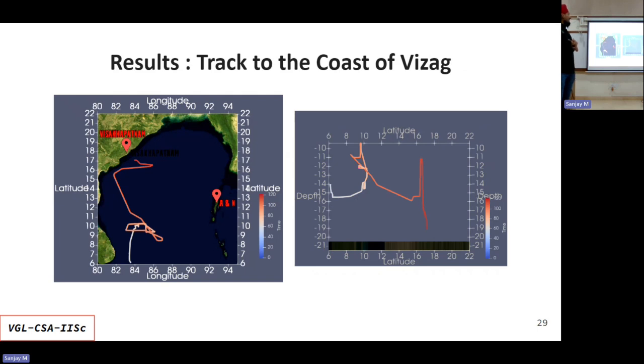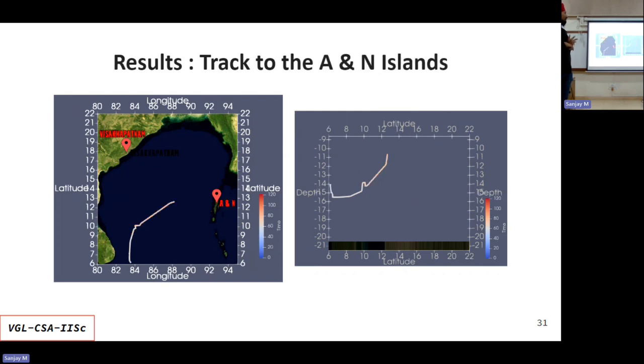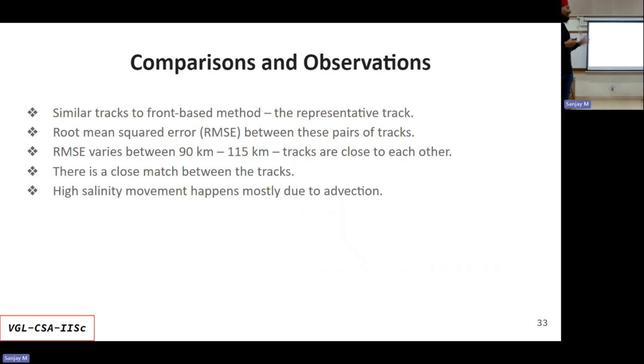Once we extract the interesting edge tracks, it becomes clearer. We see similar movements, with salinity moving towards the coast of Visakhapatnam, the middle of the Bay, and towards Andaman, due to just advection. We even have a track going from Visakhapatnam up to the north of the Bay of Bengal. We ran comparisons on the tracks because they were very similar.